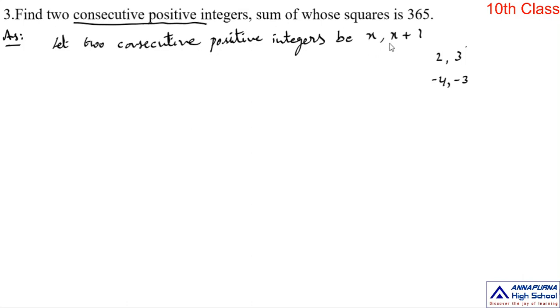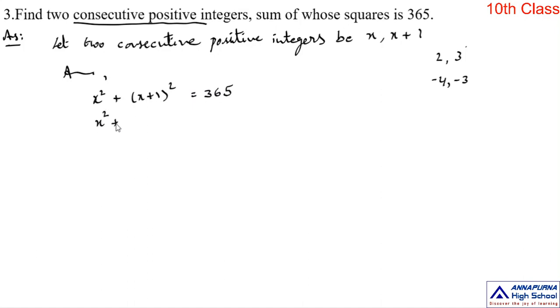If one integer is x, then the next integer is x plus 1. According to the question, their squares are x square and (x plus 1) whole square, and their sum means x square plus (x plus 1) whole square is equal to 365.